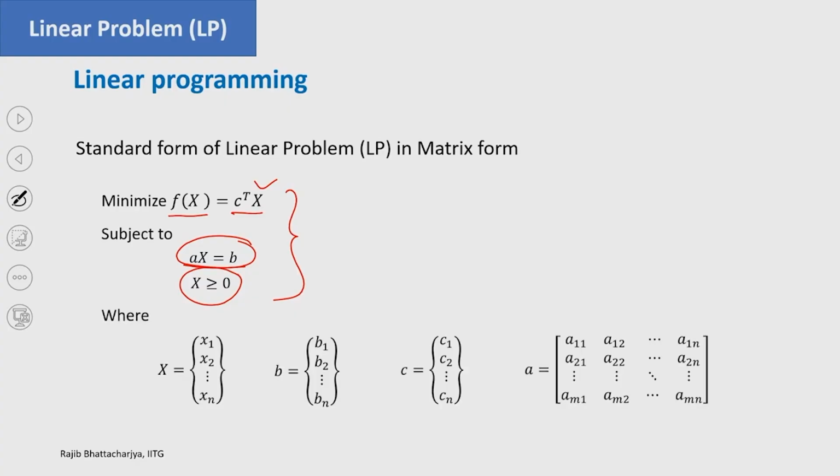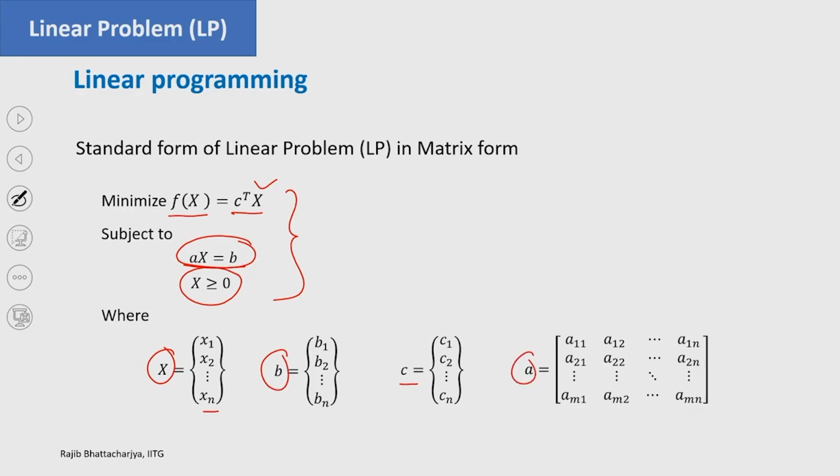Where x is a vector. So, x equals x 1, x 2, up to x n, then b is the right hand side, that is b 1, b 2, up to b m. C is also a vector, that is C 1, C 2 up to C n, and A is a matrix.